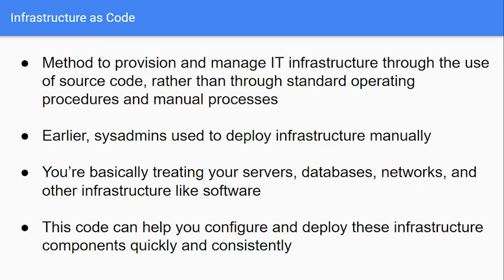But in infrastructure as a code we do everything using code, and we treat servers, databases, networks and other infrastructure like software. As we write code for creating software, similarly for deploying the infrastructure we'll use some code. Using this code we can configure and deploy infrastructure very quickly and consistently.